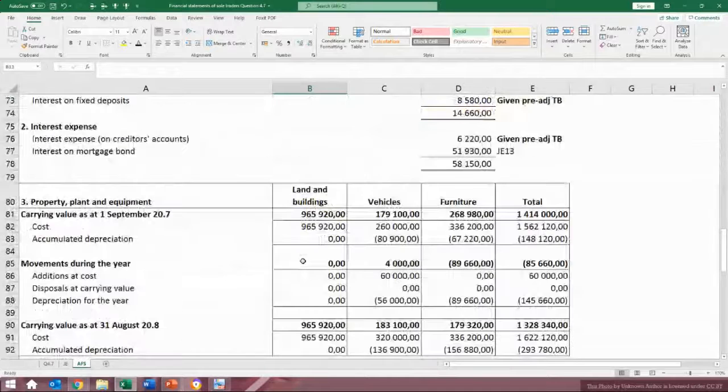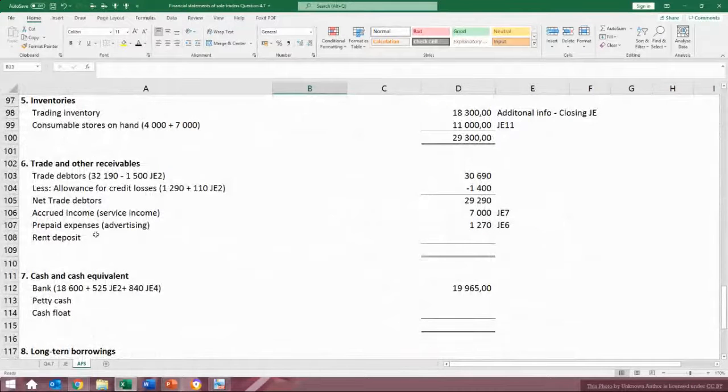So if we scroll down to 6 and 7, now we've captured everything, but if you go through the list, there was still an account, rent deposit, which we needed to add on here. Now, rent deposit is shown as a current asset. As soon as your tenant moves out, you have to repay that rent, so you show it as a current asset. So we add it to the rest of the balance.